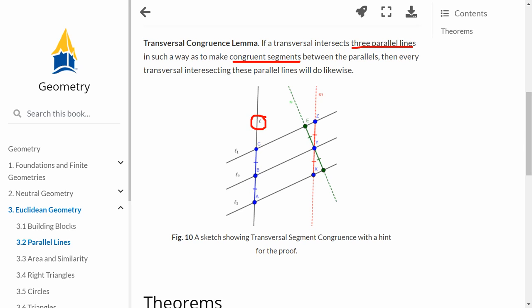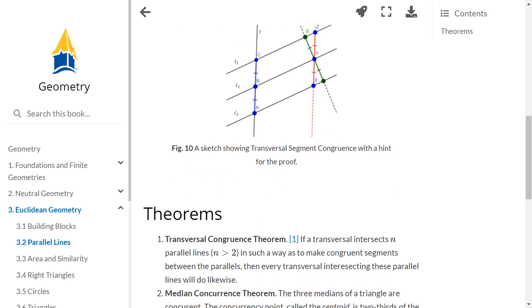When that's true, then every other possible transversal that I could draw that cuts those same three parallel lines will also have congruent segments between the parallels. Okay, so that's the idea of the lemma, and it's not the one we need to prove the median concurrence theorem.